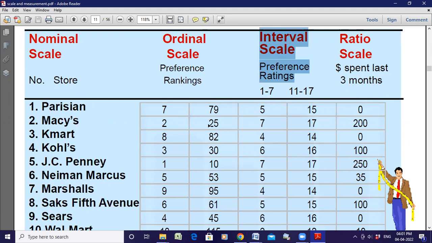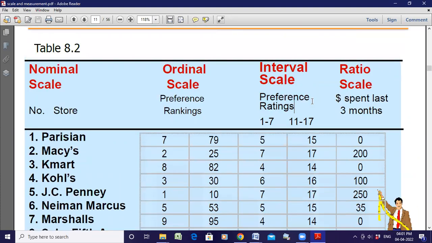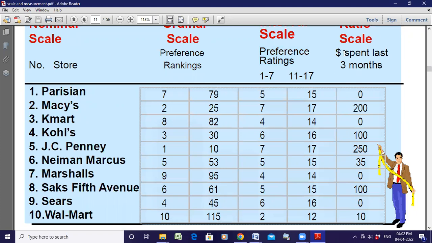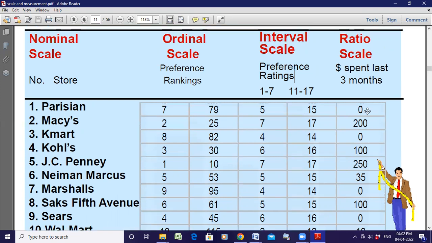Then interval scale means some interval will be there from which that particular object is getting some score, like from 1 to 7, he is getting 5. From 11 to 17, he is getting 15. This is known as interval scale. Then ratio scale. Got it? So suppose I have considered the last 3 months, what amount he has spent. So that particular ratio I am calculating. So that is the ratio scale.